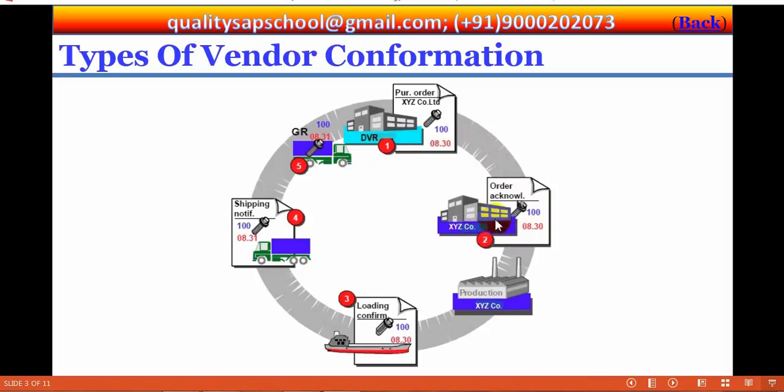After that acknowledgement, the vendor starts preparing the material. He produces the material. When he produces the material, again he will confirm that he is going to load the materials on such and such a date, and this much he is going to load.